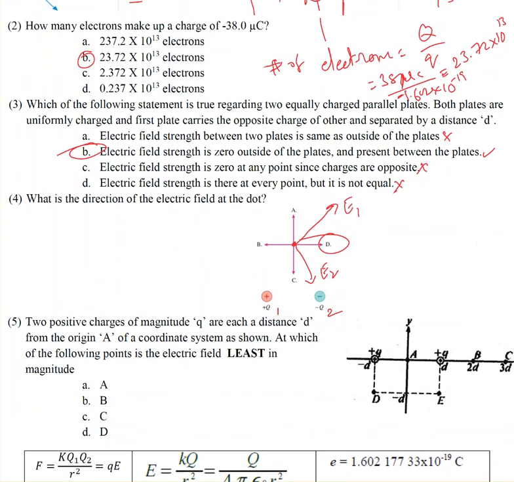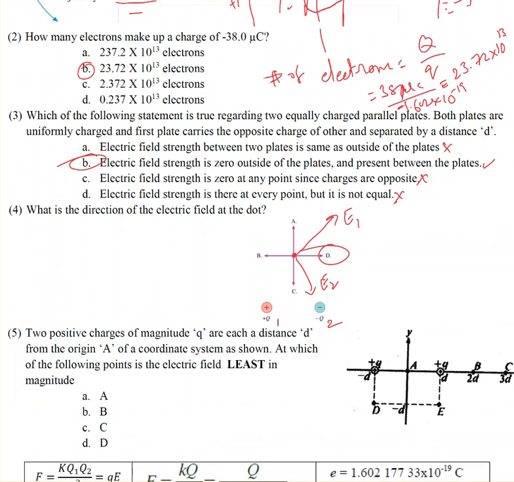Now the last one in this quiz. Two positive charges of magnitude q are each a distance d from the origin A of a coordinate system as shown. At which of the following points is the electric field least in magnitude? So we can use the same principle we used up there.